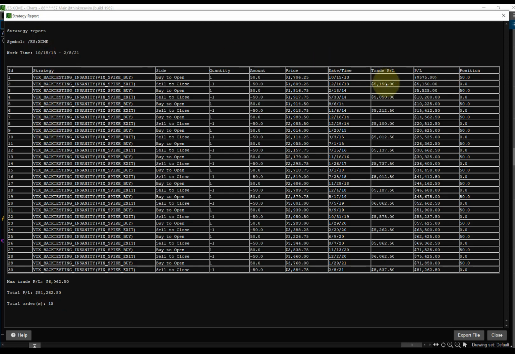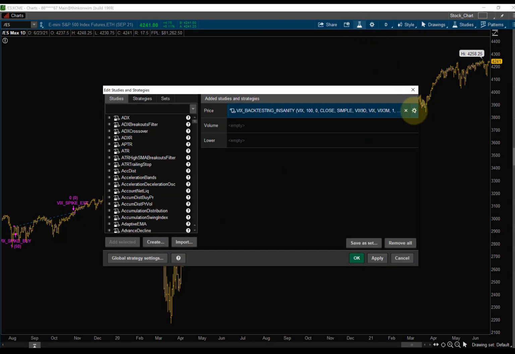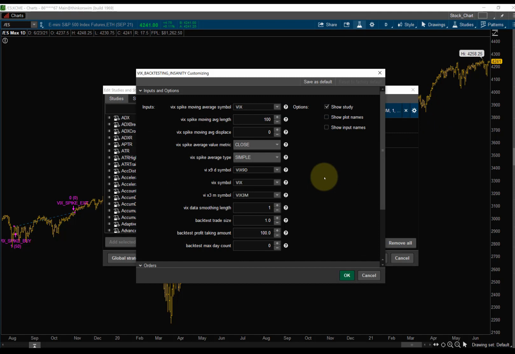Here's the trade P&L. In this analysis, these buy signals have been 100% success rate, but we're not using a stop. So if we use a stop, it's no longer going to be 100%, but it's still going to be pretty darn good.